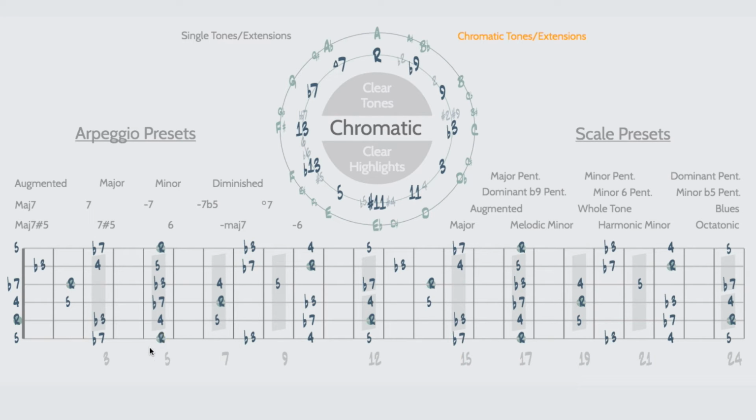Now, if you were to build a major pentatonic scale from this flat third, you would end up with all of these same notes, but they would be written out relative to this location.